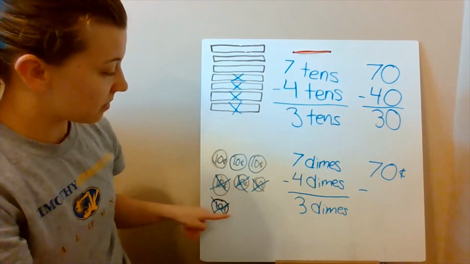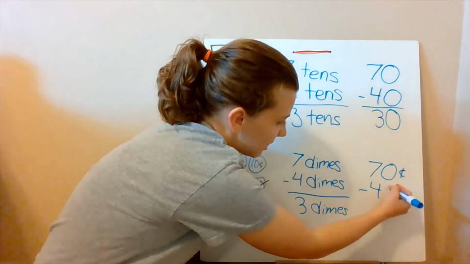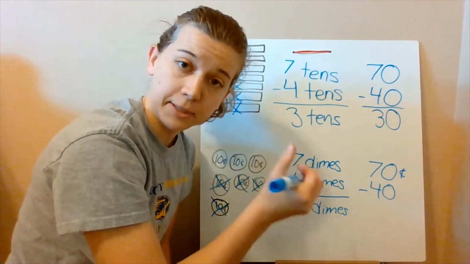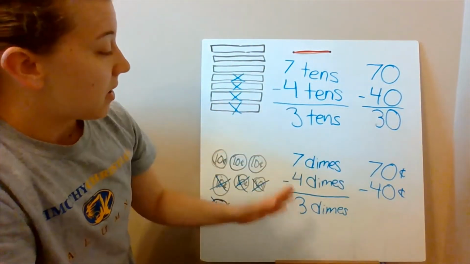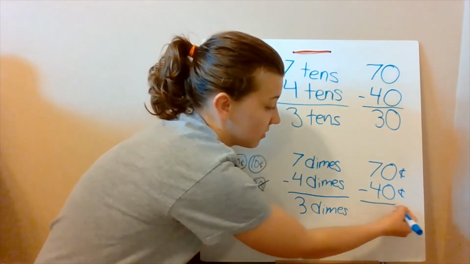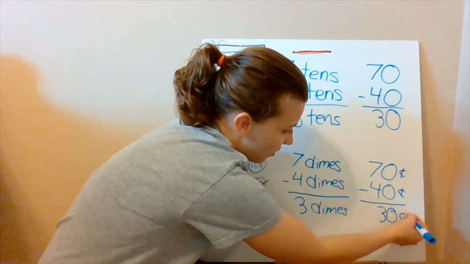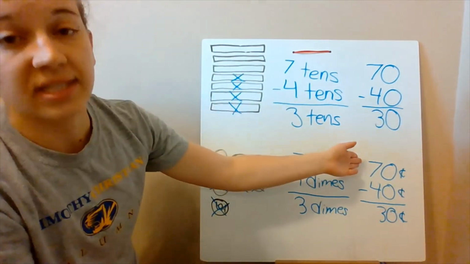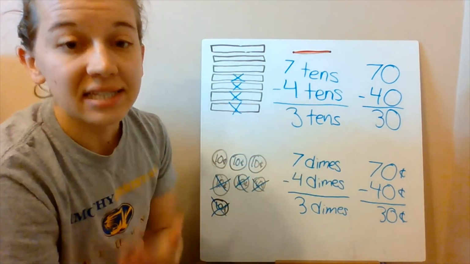How much did she end up paying? 40 cents, right? That is a very cheap price for party hats. Go Jacob's mom. What a great deal. So 70 cents minus 40 cents equals how much? 30 cents. Good. Excellent. So we had 70 cents minus 40 cents equals 30 cents.